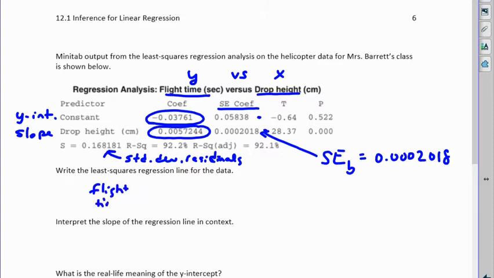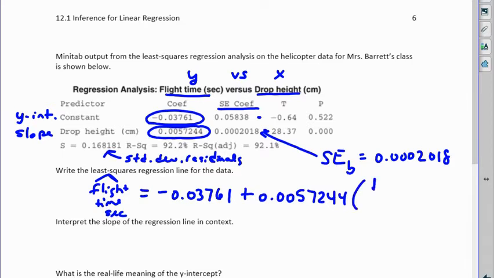Our predicted flight time in seconds, notice how I'm putting a hat on it, will be negative 0.03761 plus 0.0057244 times the drop height, in centimeters.